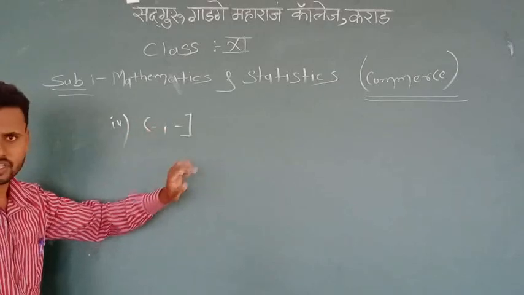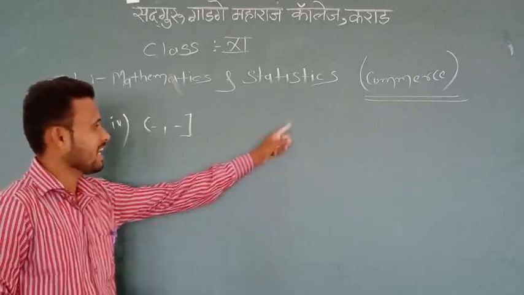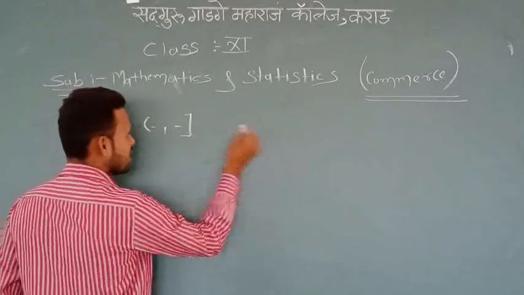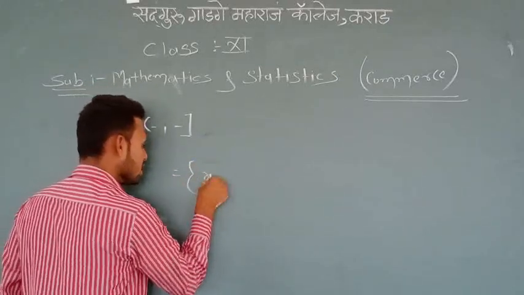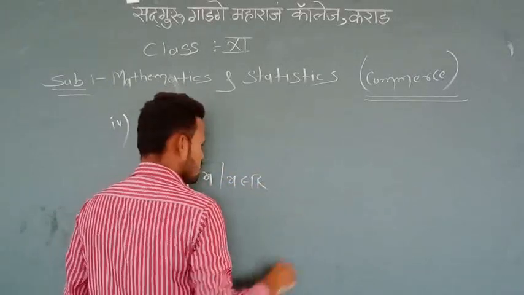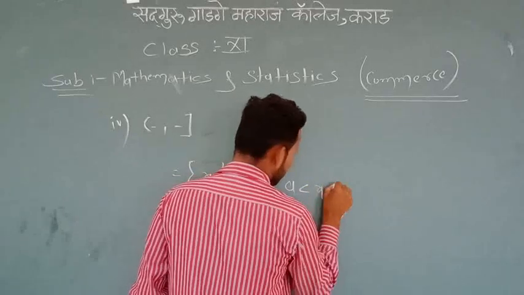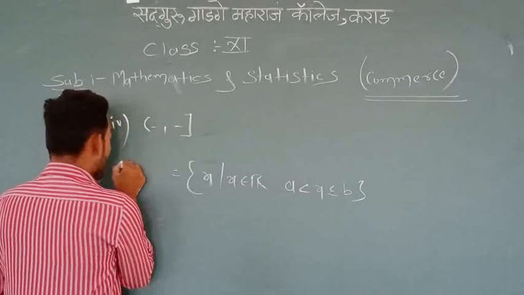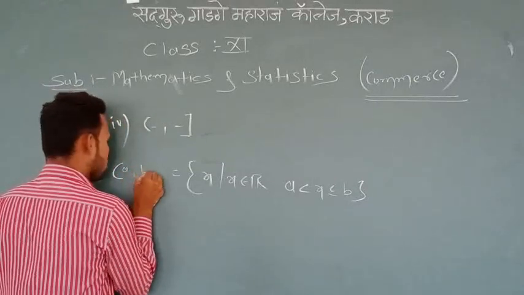Now, a similar procedure. Let a and b be any two real numbers, and a strictly less than b. Then the set containing all those real numbers x such that a is less than x and x is less than or equal to b represents a semi-open interval, open at a and closed at b.